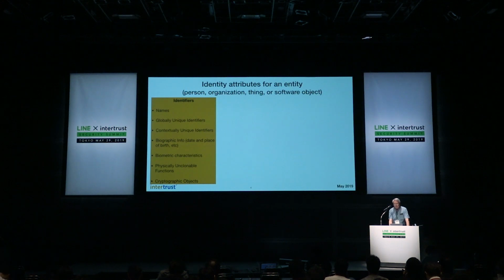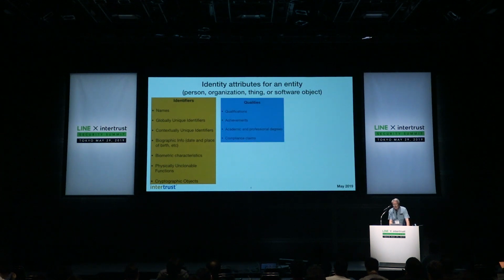The biographic information, biometric characteristics, et cetera, and also in these modern times, the cryptographic objects that get linked to these kinds of things, the public keys, the public key fingerprints, and of course the accompanying secret keys. And then you've got all kinds of qualifiers, the qualifications of an entity, achievements of the person, compliance claims for devices.